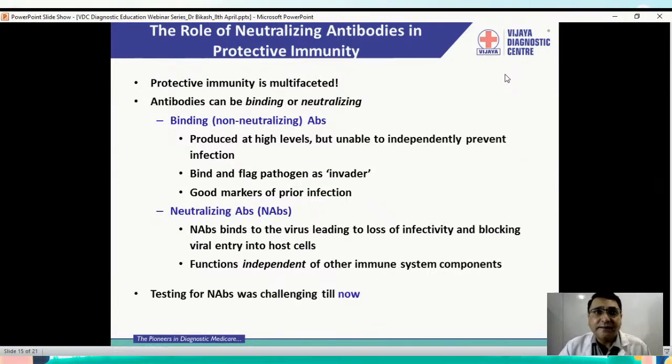Now, testing for these neutralizing antibodies was very challenging, especially for this COVID-19 virus, until about 3 to 4 months back. But since then, a lot of multinational companies have developed assays, which are currently being used all over the world.